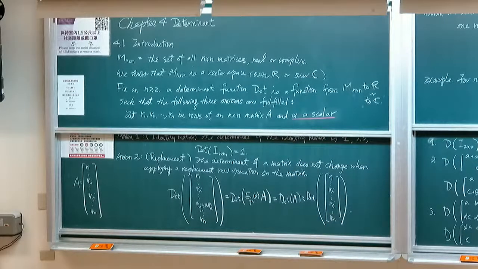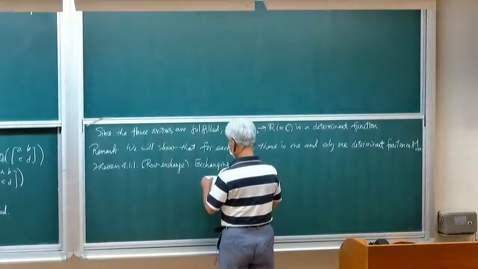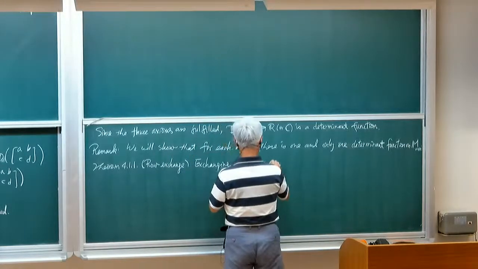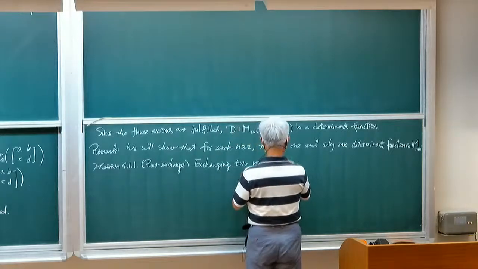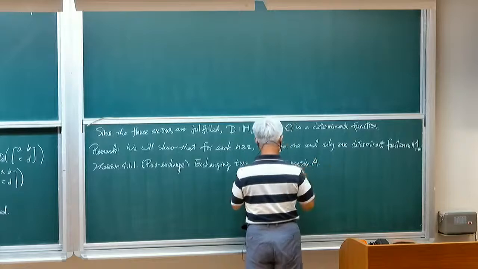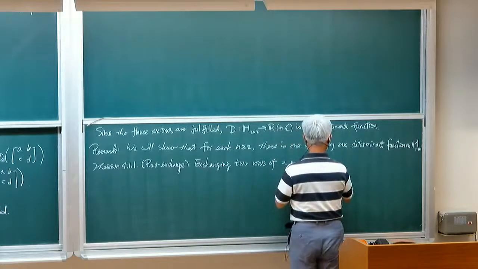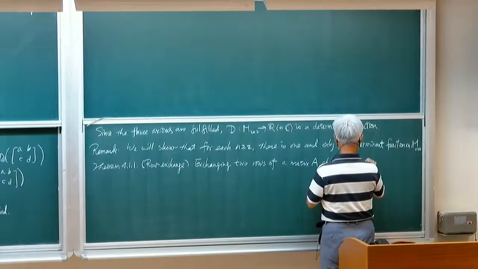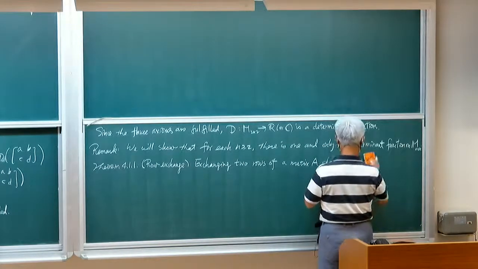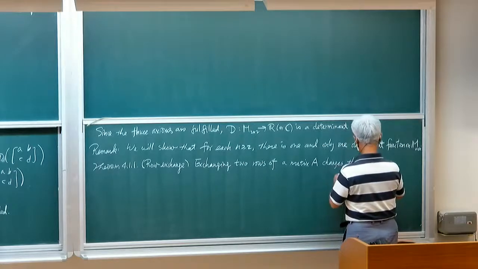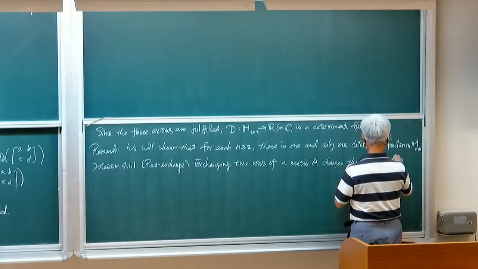Then we have the property here that exchanging two rows of a matrix A changes the sign of its determinant.